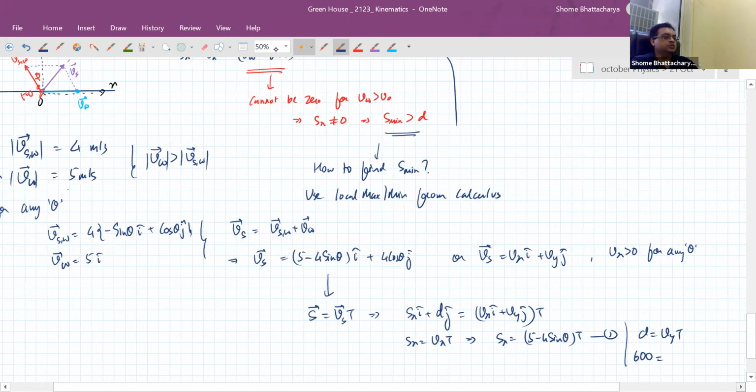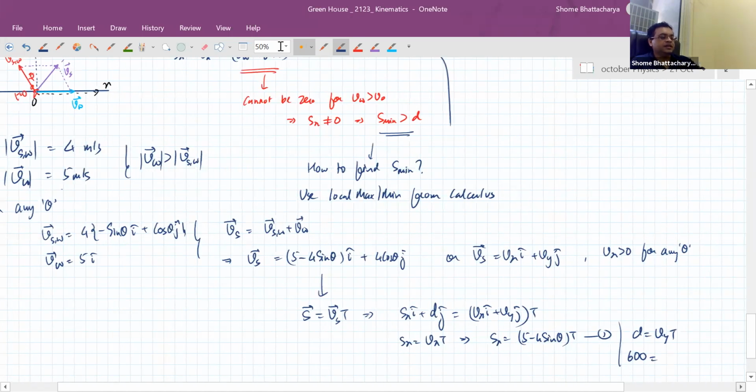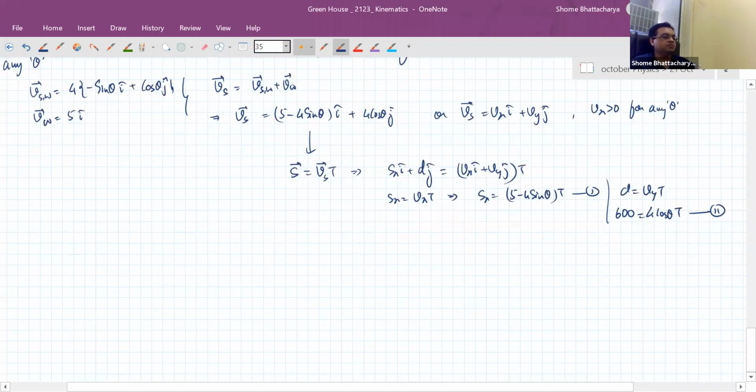Okay. So these two equations now only will have to be analyzed in such a way that we are minimizing the magnitude of the displacement.